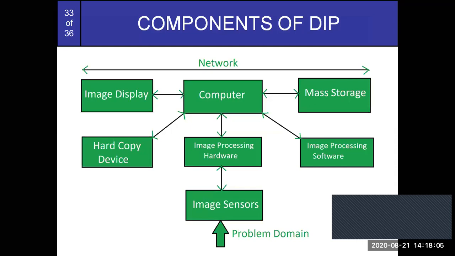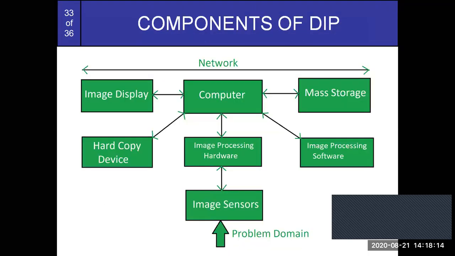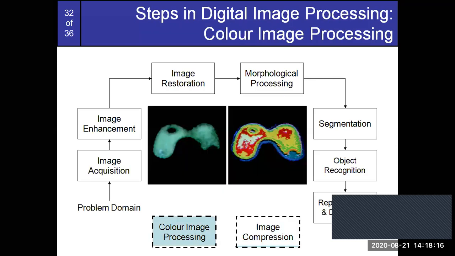The components are 7, and in the previous topic how many steps were involved? Steps 1, 2, 3, 4, 5, 6, 7, 8, 9 steps are involved. So steps are different, components are different. Steps means the tasks we have to take in our image processing. Components means hardware components. Okay.